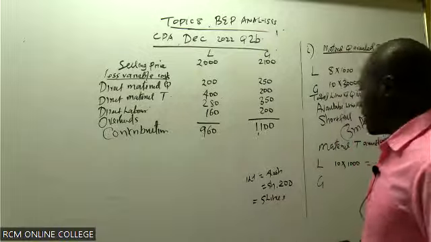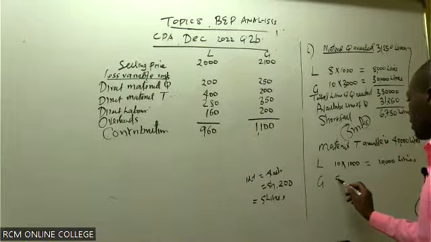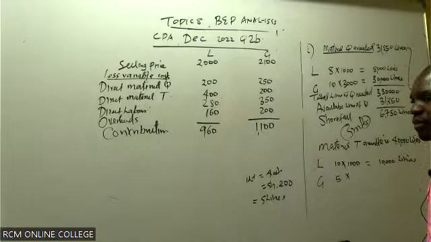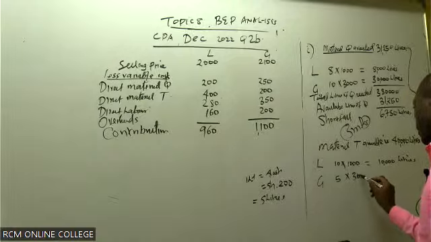They used 5 liters. Now come to G and use your 5 liters, multiply by the units demanded by the market. How many units does the market need? 3,000.